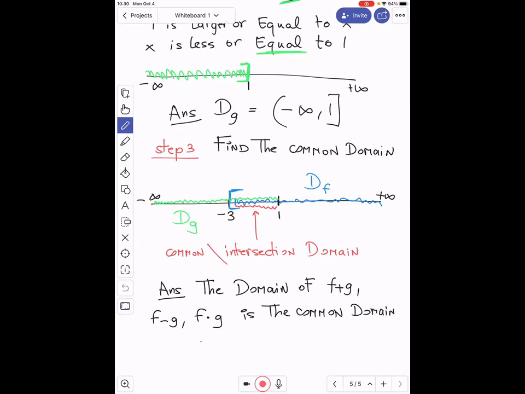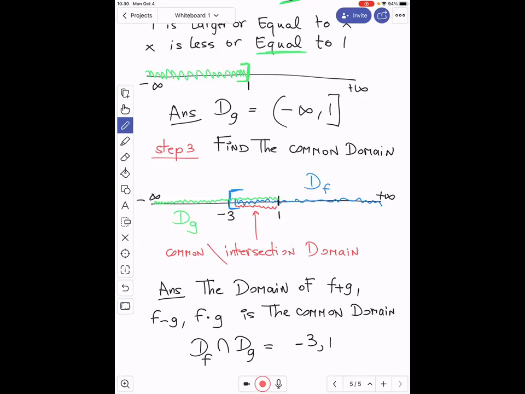So that will be the domain of F, D subscript F, intersected with the domain of G. That will be from -3 to +1. Again, that's my red interval, the intersection between the green and the blue intervals.